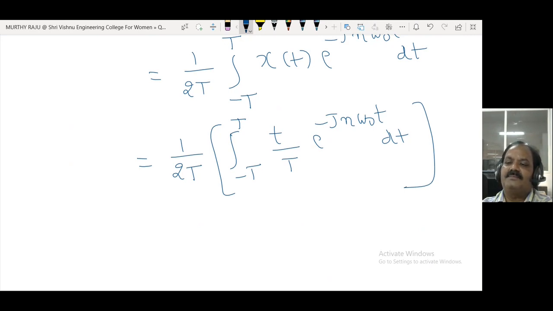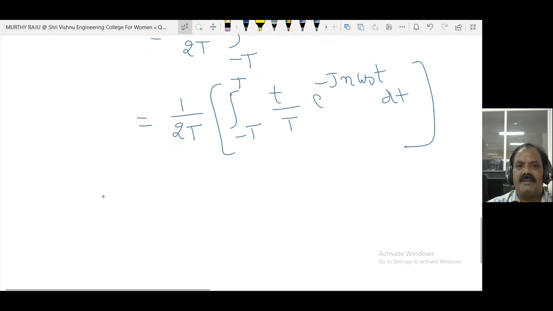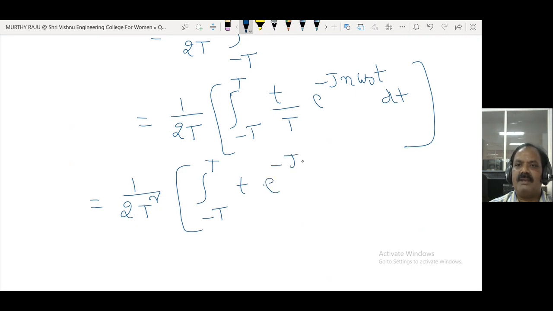This is the actual expression. Bringing 1 by T outside, that is equal to 1 by 2T square, integral from minus T to plus T of t into e power minus j n omega naught t.